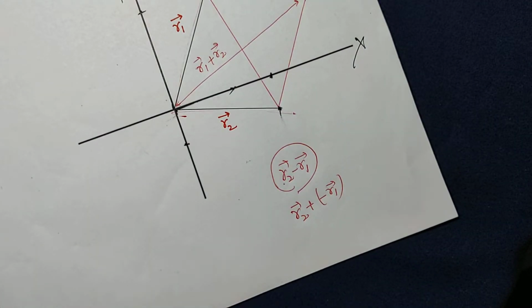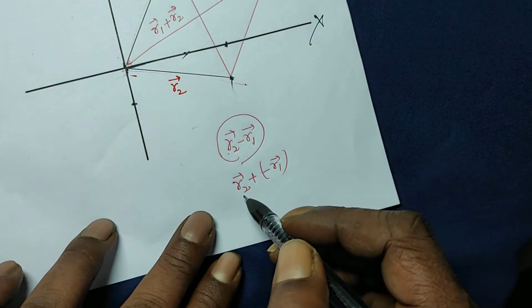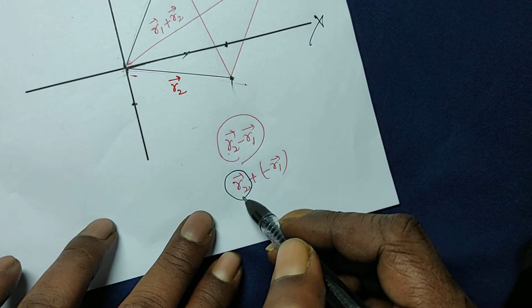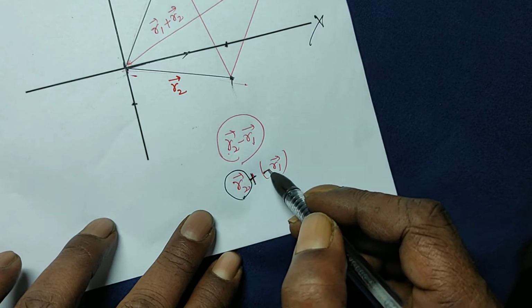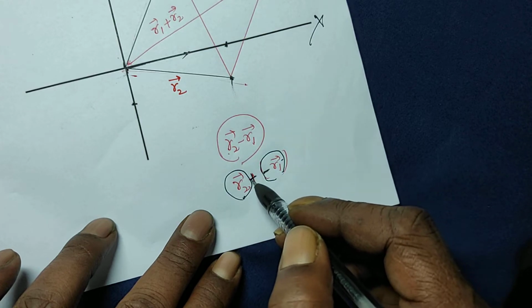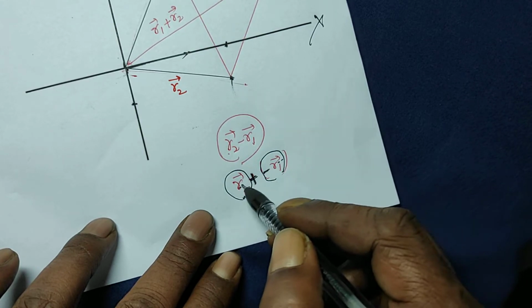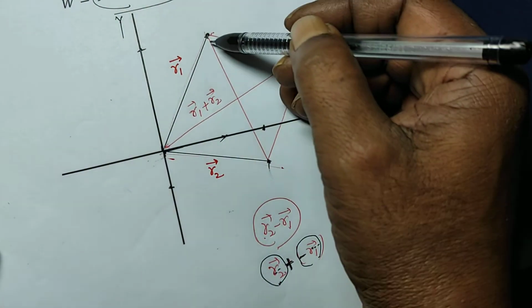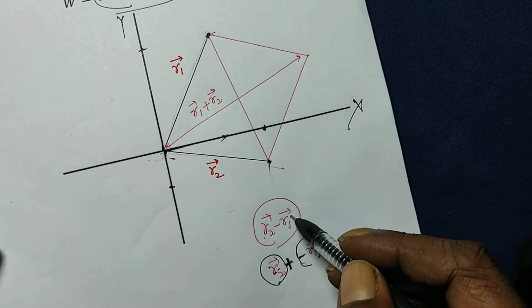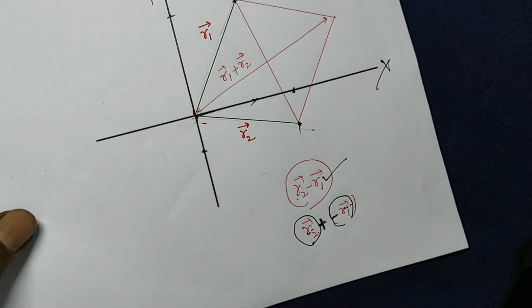Now, R2 plus of minus R1 means the resultant of R2 with minus of R1. If there is a plus sign between two vectors, it means the resultant. Now, how is this the displacement, the same thing as R2 minus R1? Let me explain.